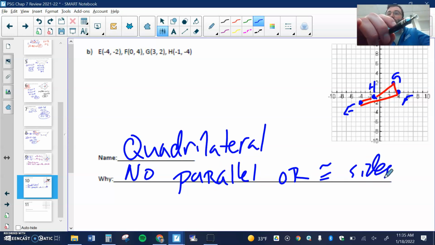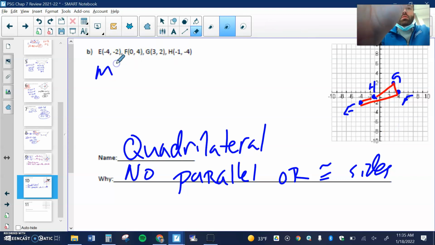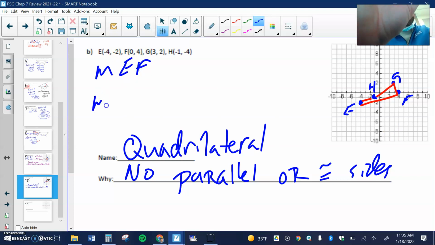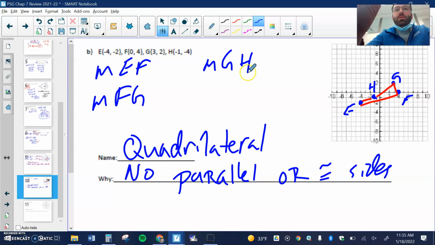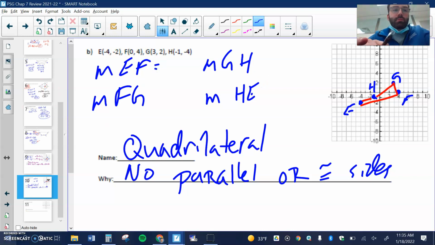Okay, if this were an actual test question, you would need to tell me what the slope of EF is. The slope of FG, the slope of GH, the slope of HE as well. Just so we know that these are not parallel.